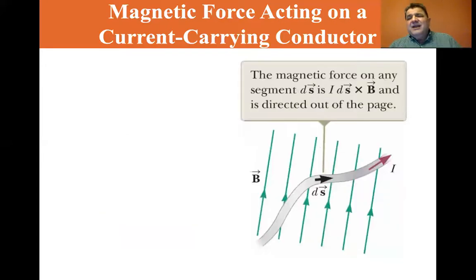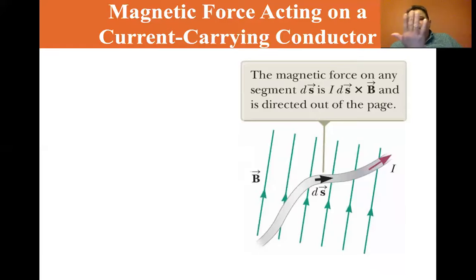Now, what if we have a wire that's just going in all sorts of directions? I mean, you can imagine a wire here. This is just my charging cord, but if you have a wire like that, you can't determine the force on it directly because it's going in all sorts of directions. So the magnetic force on any segment ds is I ds cross B, and is directed out of the page in this particular example.